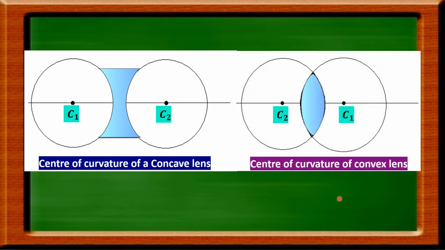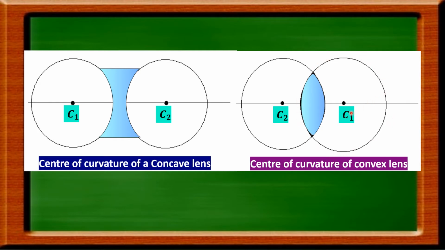Similarly, let us go for the convex lens. Biconvex lens is simply called the convex lens. Similarly, biconcave lens is simply called the concave lens. So here this one is the convex lens. Now let us take the first curved surface. This first curved surface is the part of this sphere.